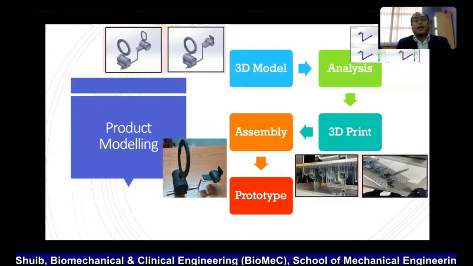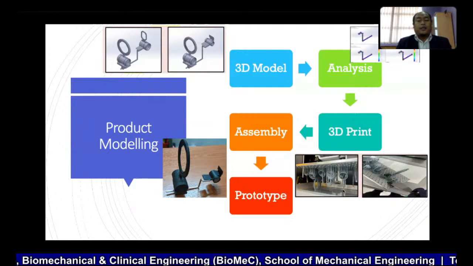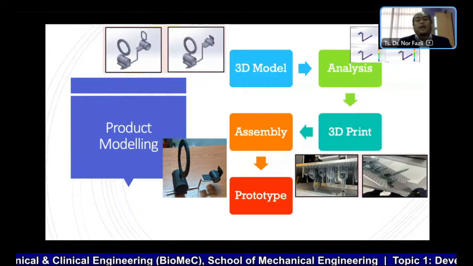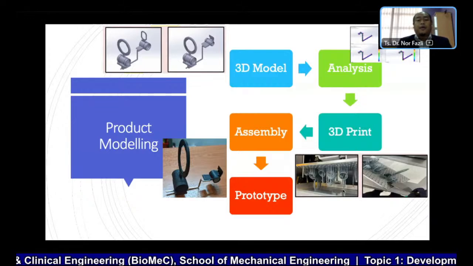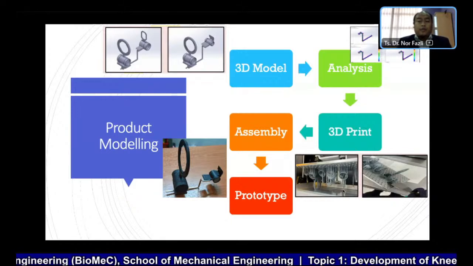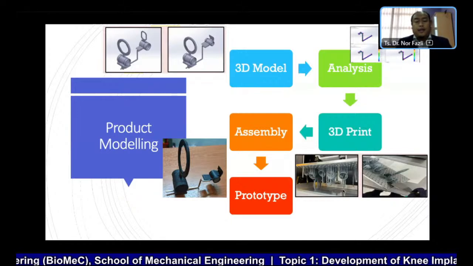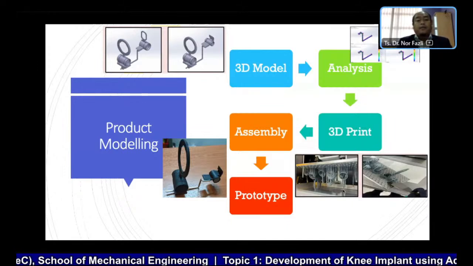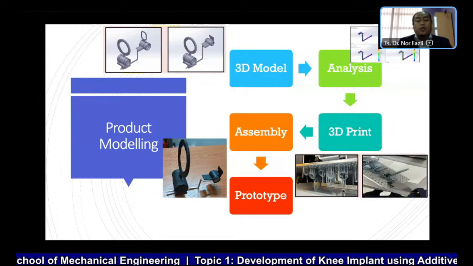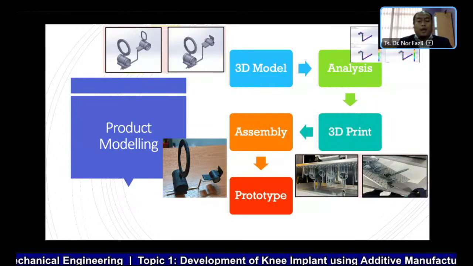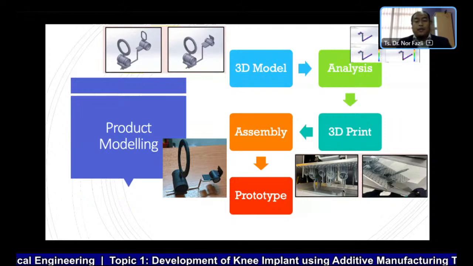So this is the process of product modeling. We started by creating 3D models in CATIA version 5, as I showed in the methodologies. Every part we create individually, to make sure that it is able to be produced towards the end.